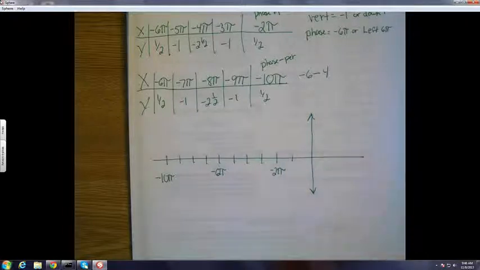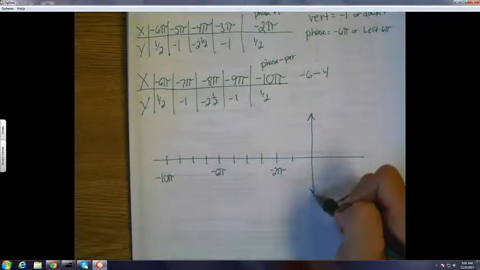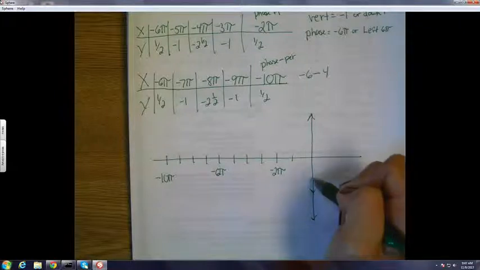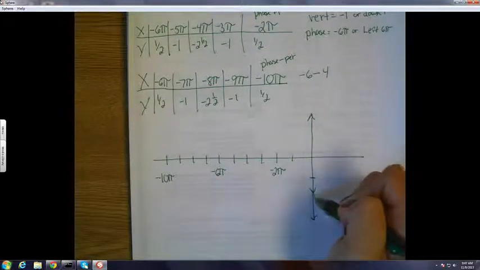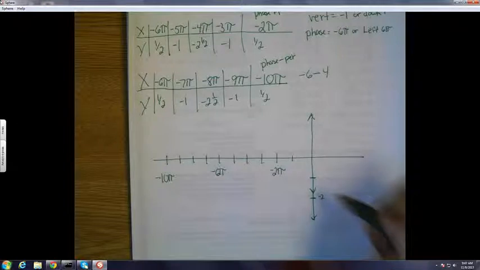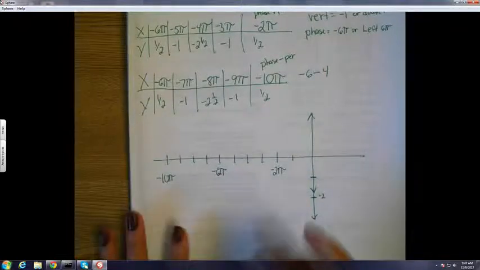Oh, that's alright. That's okay. We don't really need it. Everything's in here. I need a horizontal axis at negative 1. So that's negative 1. That's negative 2. So right here at negative 1.